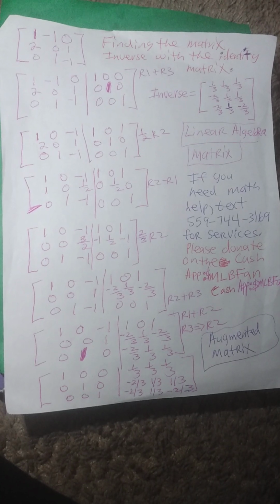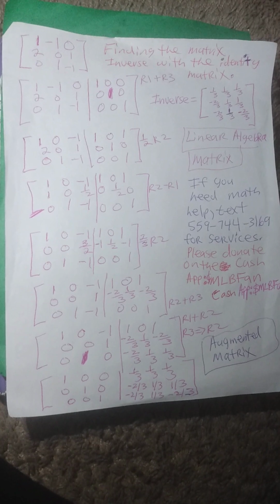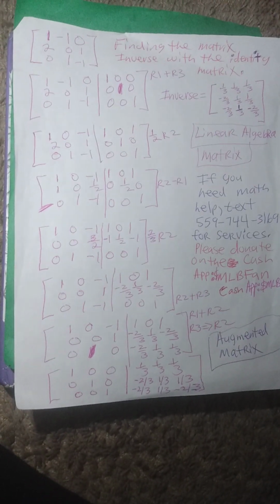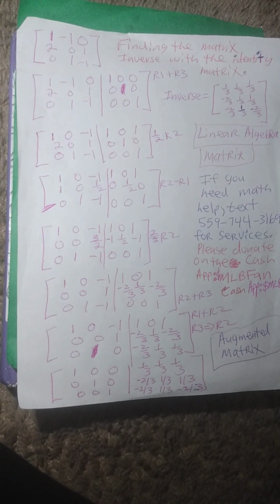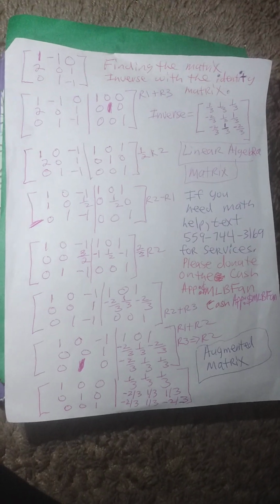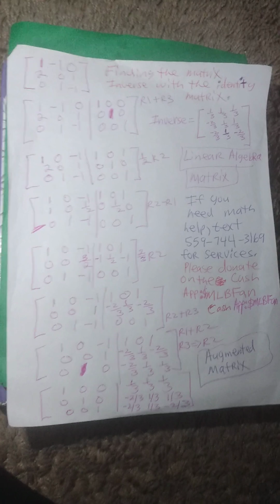And row 2 will switch with row 3. And so it's going to be 0, 1, 0, negative 2/3, 1/3, 1/3. 0, 0, 1, negative 2/3, 1/3, negative 2/3.